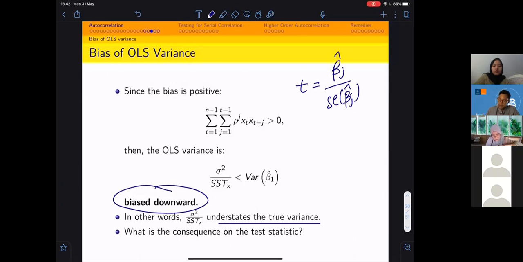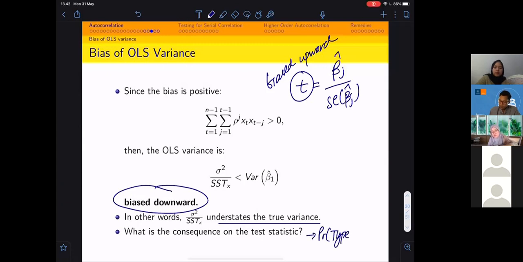Now, if the standard error is biased downward, then the t statistic is going to be biased upward. If the t statistic is biased upward, then the probability of type 1 error is higher. So this is going to increase the probability of type 1 error.